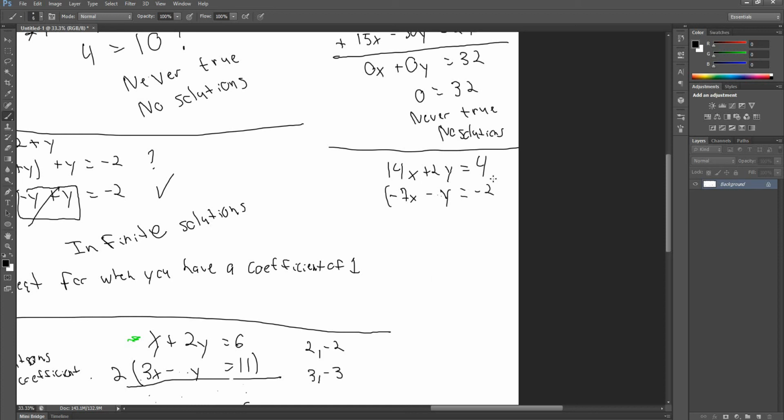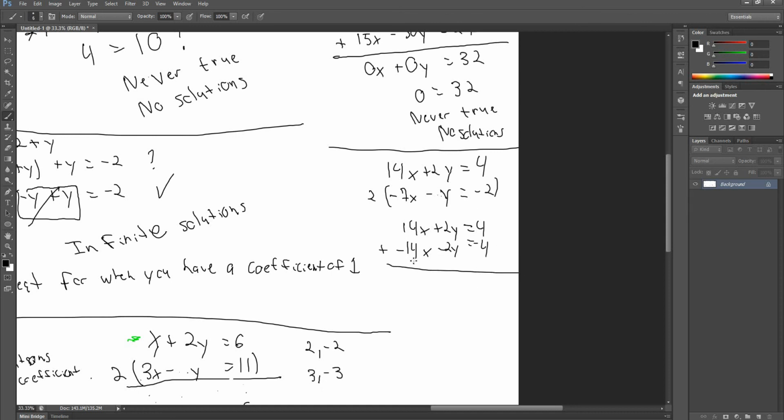I'd have to multiply equation B by 2. I'd get 14x plus 2y, so just bringing down equation A. This would be minus 14x, because that's 2 times negative 7 is negative 14, minus 2y equals negative 4.